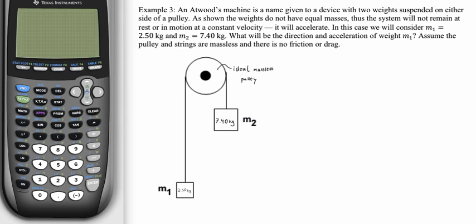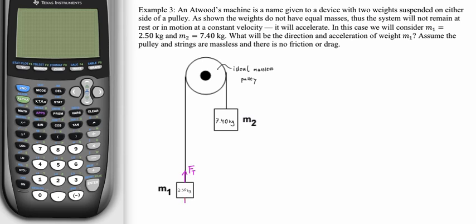All right, so let's draw the forces and accelerations on our free bodies. So we have two free bodies in the system, M1 and M2. So we'll start with M1. We have an upward force acting on M1. That is our tension force. And we also have a downward force, which is the gravitational force. Okay, so I'll draw it like this.